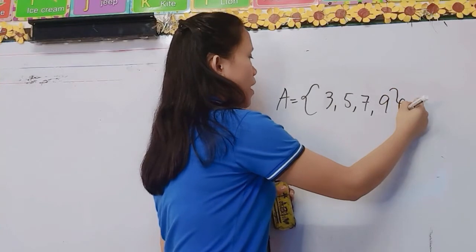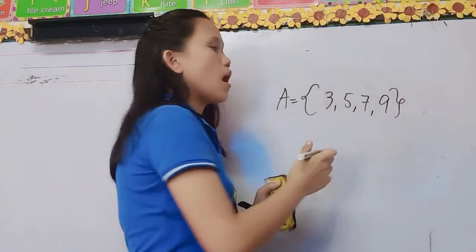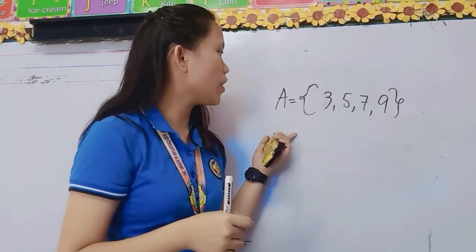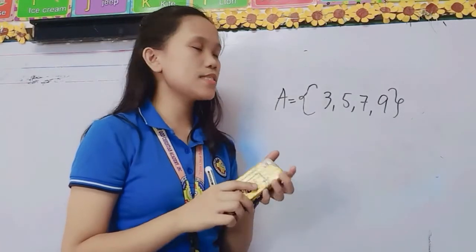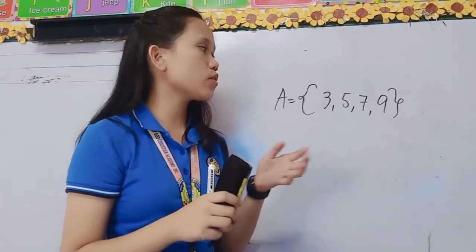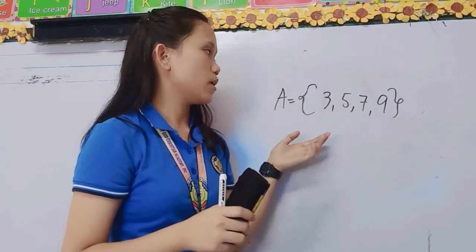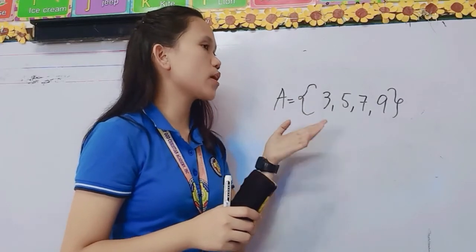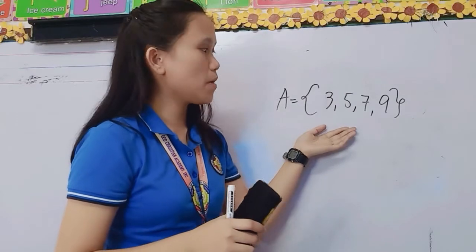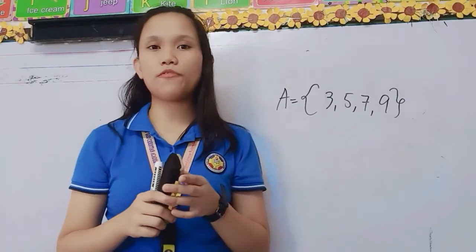So these are the odd numbers between 1 to 10. When can we say that this is an example of a finite set? Because you can easily count the members of the set. How many members, or cardinality, does set A contain? It has 4 elements. So this belongs to a finite set.